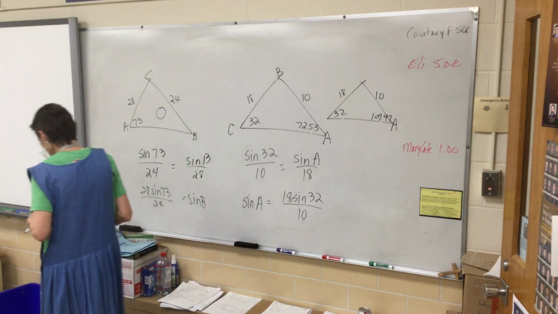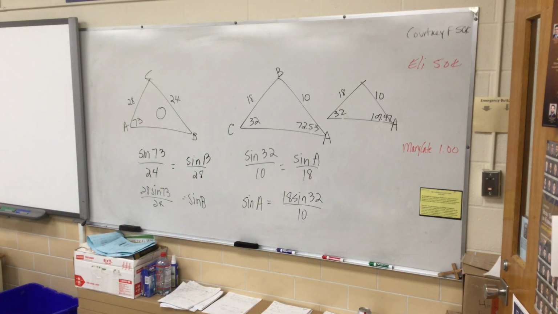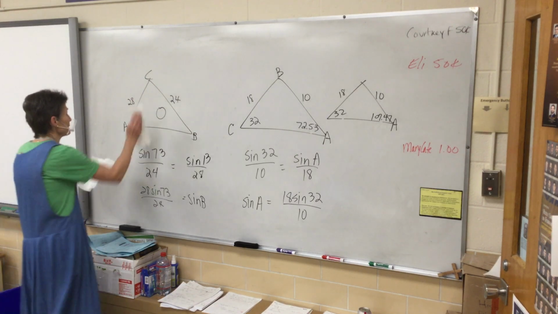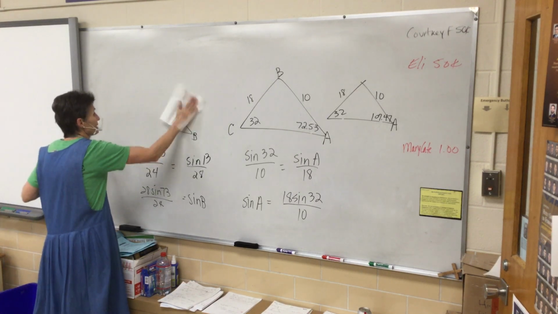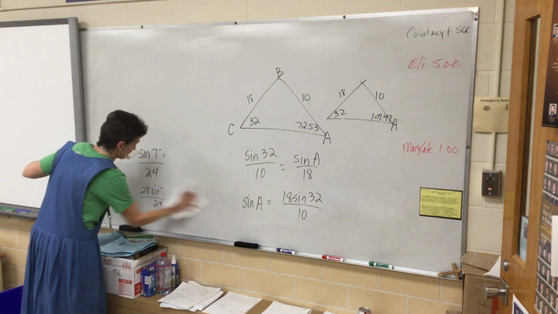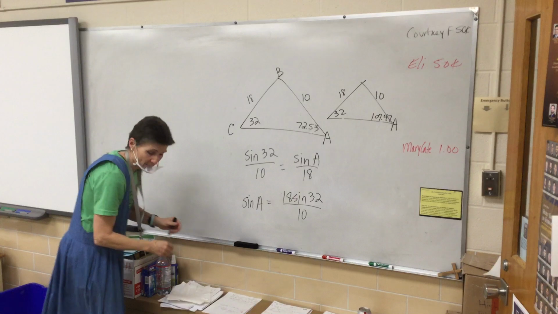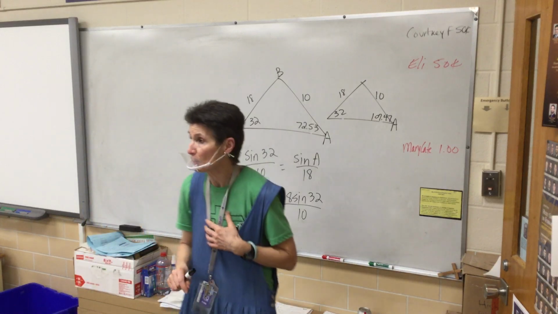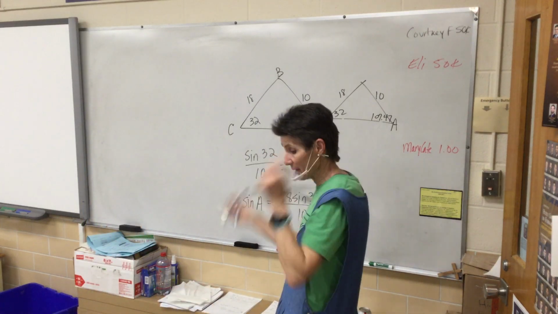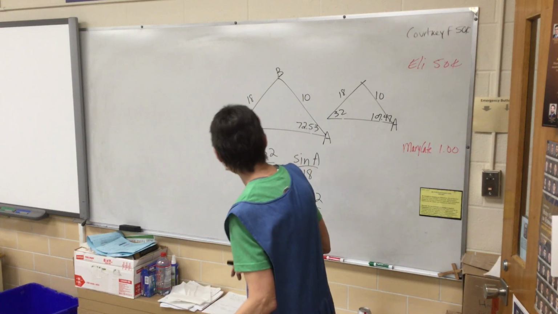So we're actually going to have to solve twice because there are two possible triangles. All right, so everybody understand what we're doing now? We started it, we figured out we got two of them, now we're going to actually solve them.